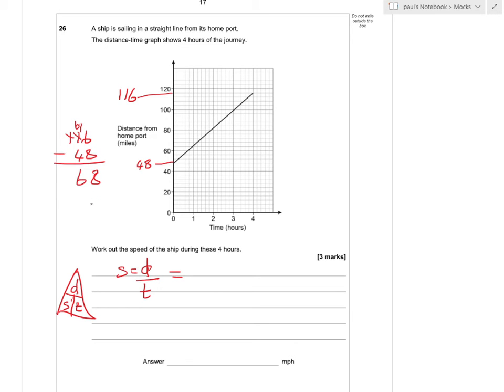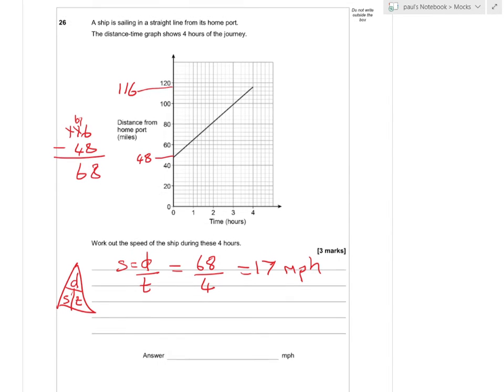So 68. So it's 68 miles divided by the 4 hours, which is 17 miles an hour. Let's make sure that's on the button. On the button.